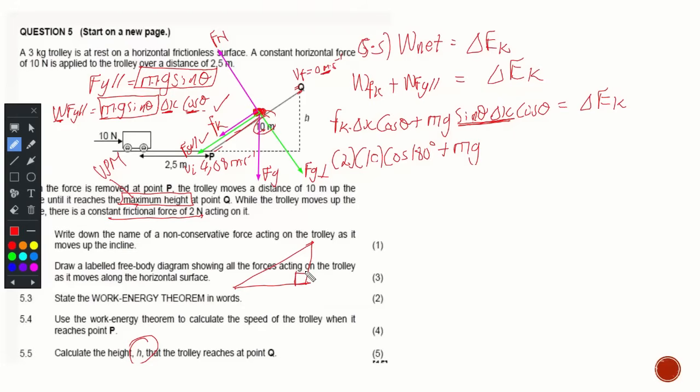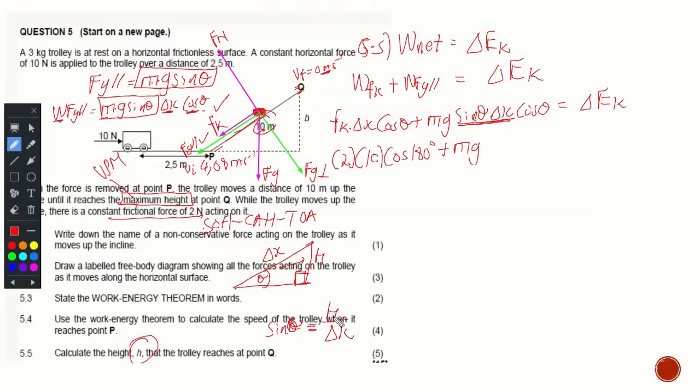So this is a 90-degree angle. We know that we can apply SOH CAH TOA, more specifically, we can apply the sine. So if we have theta here, for example, we can say sine theta is what? Opposite over hypotenuse. So sine theta is opposite. Your opposite happens to be the height. And then your hypotenuse happens to be the displacement. So sine theta is basically h over delta x, right?